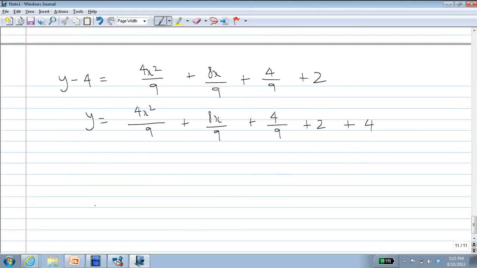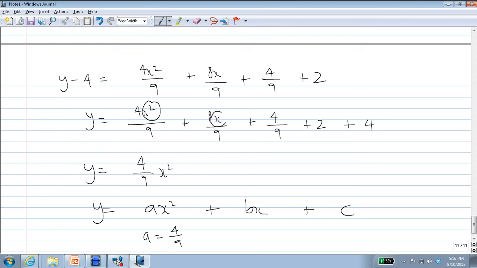I want it in y equals ax squared plus bx plus c. I've only got one x squared term, so that's good. 4 over 9, so a is 4/9. I've only got one x term, so b is 8/9.